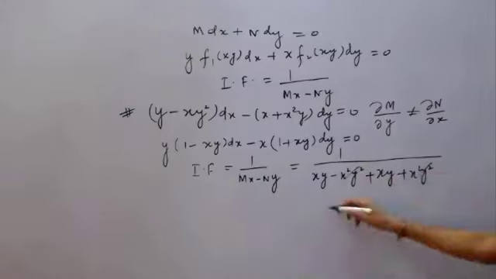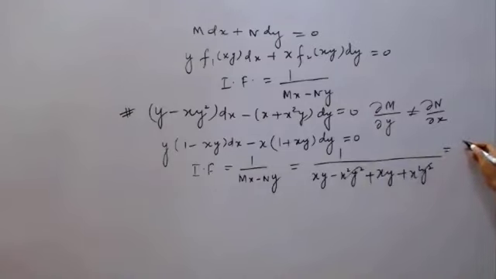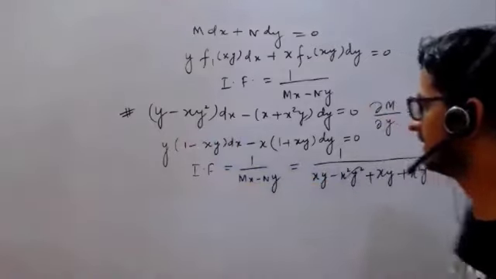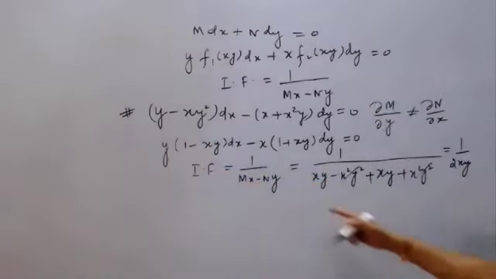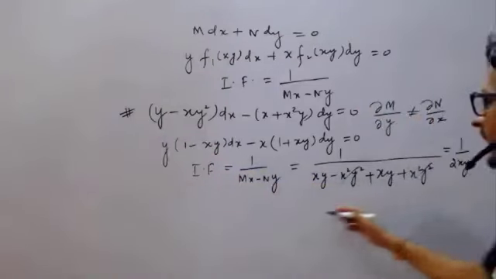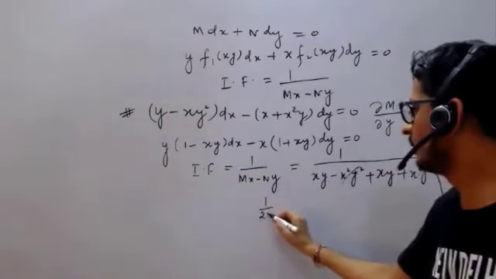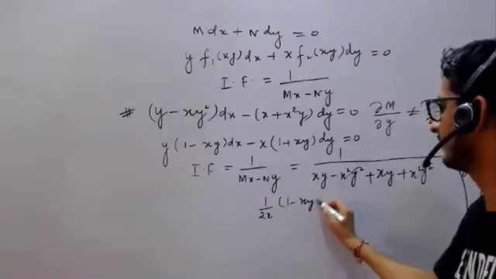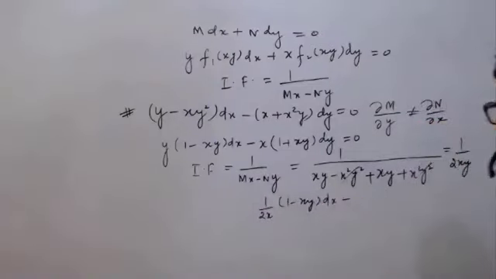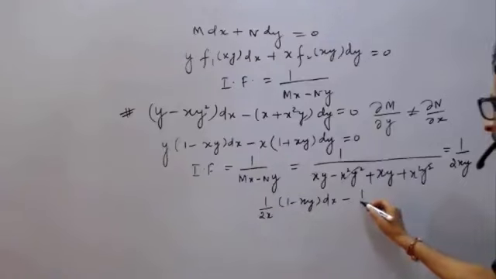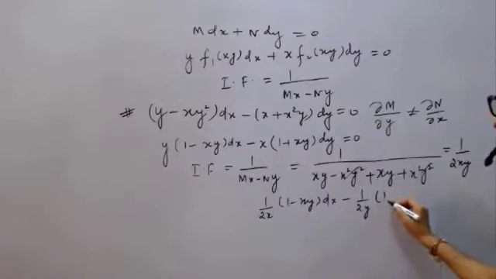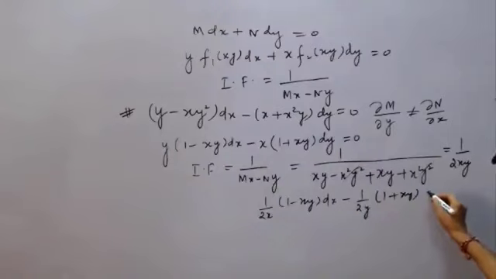So it will be cancelled and it will become 1 over 2xy, correct? Yes. Now this is the integrating factor, so multiply it by this, and you will get 1 over 2x into (1 minus xy) dx and minus 1 over 2y into (1 plus xy) dy.